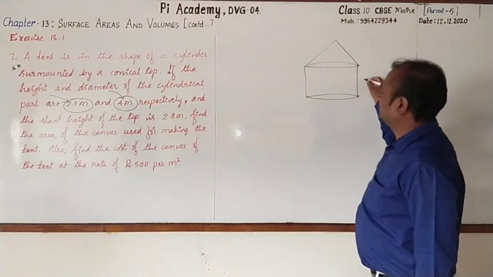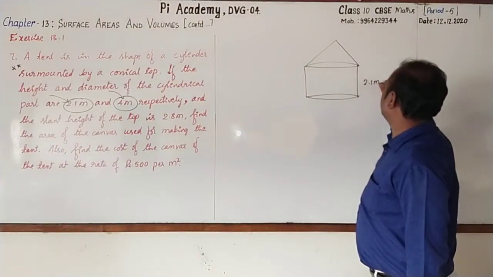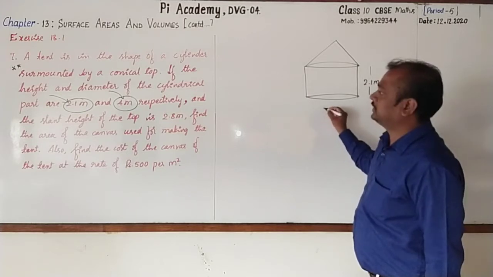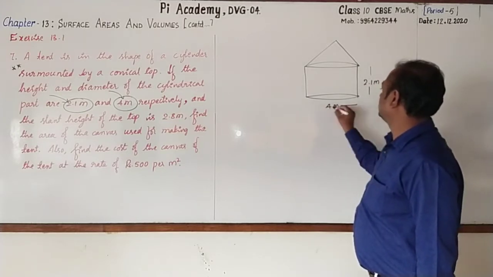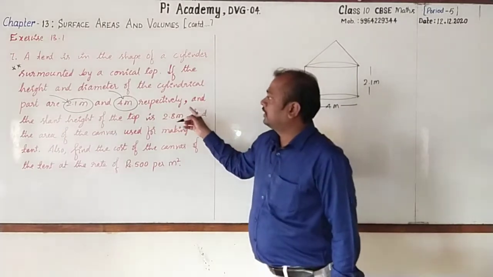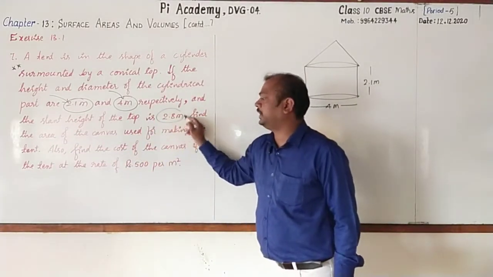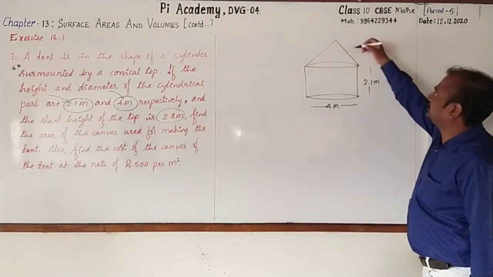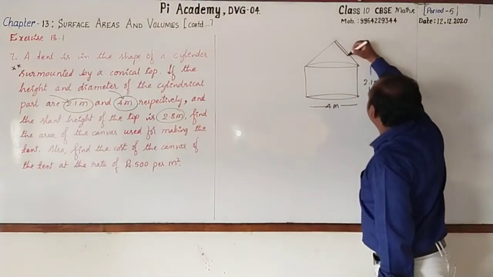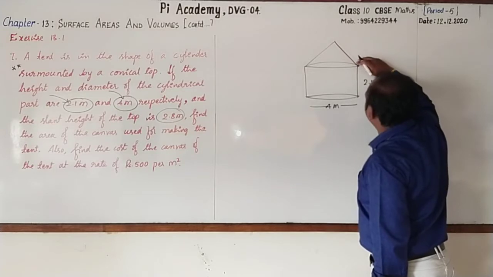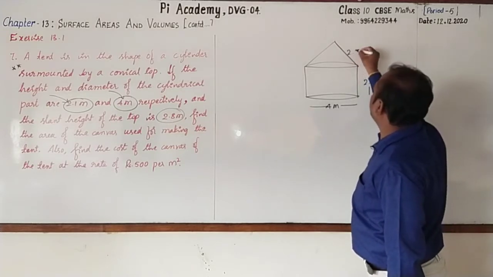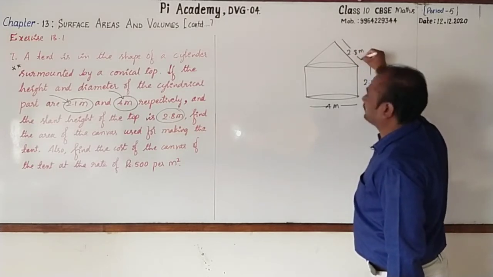Here I'll write height 2.1 meter, then the diameter 4 meter. Next, the slant height of the top is 2.8 meter, nothing but the slant height of the cone. This is the slant height and it is 2.8 meter.